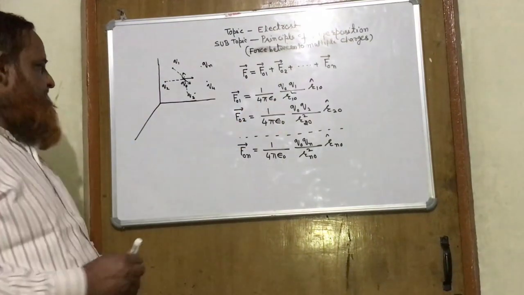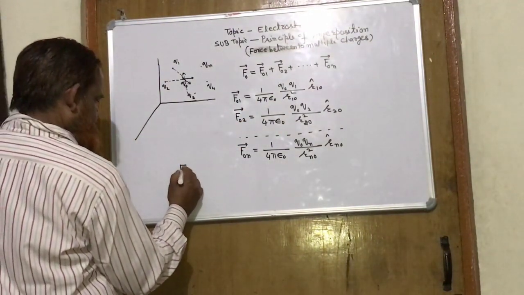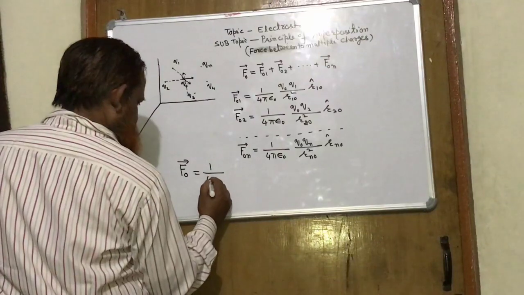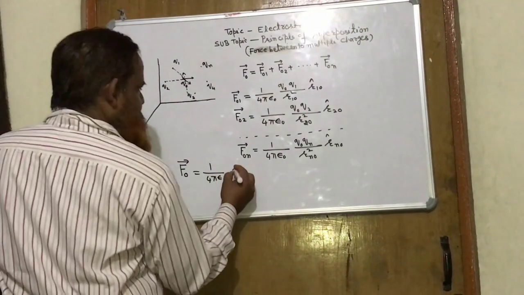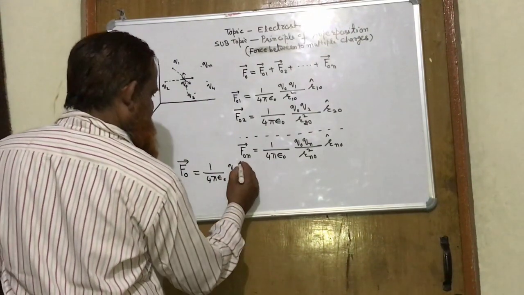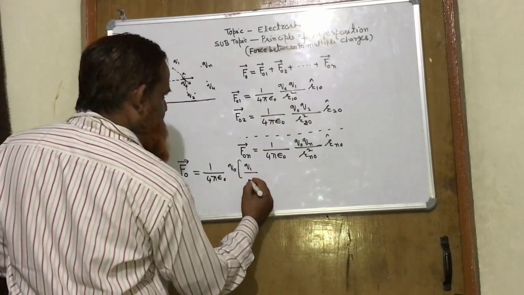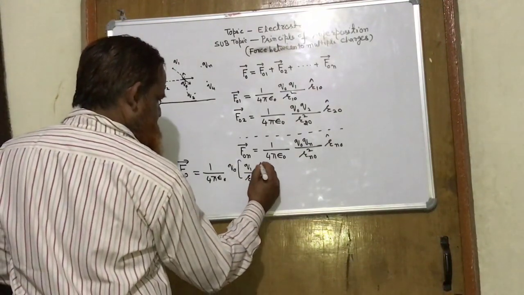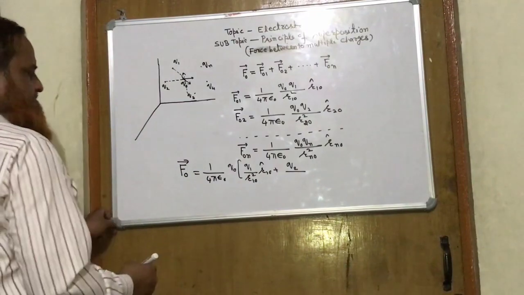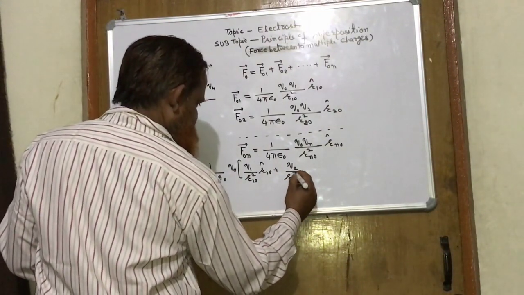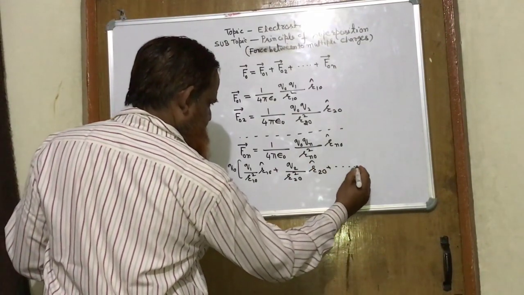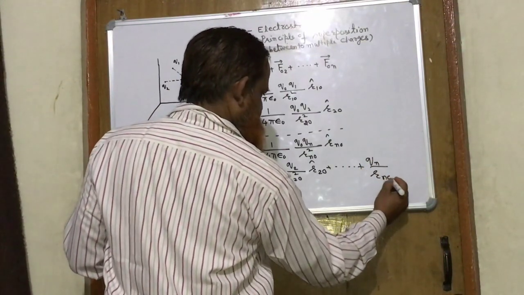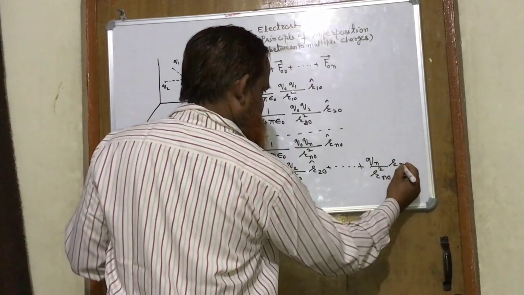So the net force will be 1 upon 4 pi epsilon naught, taking Q naught common, Q1 by R10 square R10 cap plus Q2 upon R20 square R20 cap up to Qn by Rn0 square Rn0 cap.